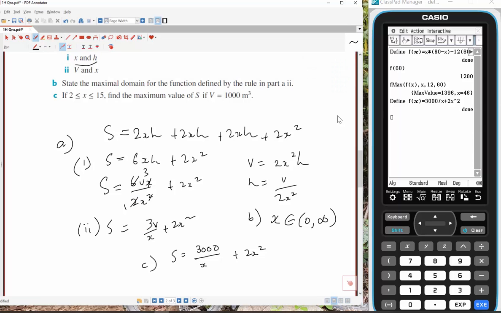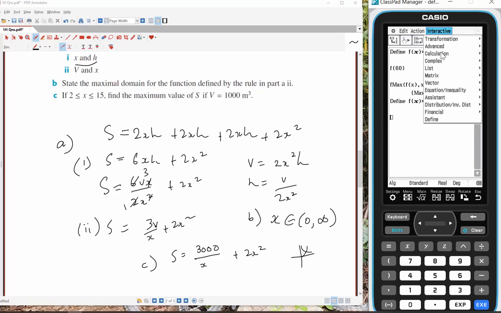This is a hard one to visualize. You could get an idea of what this will look like with addition of ordinates, but I'm struggling here. So I think the best bet is to just run an Fmax on this and find the maximum value of S when V is 1,000 between these two.